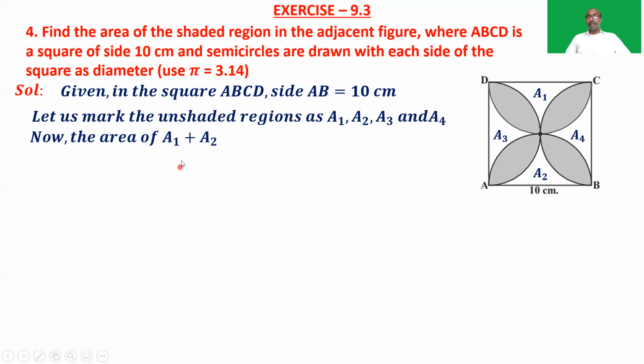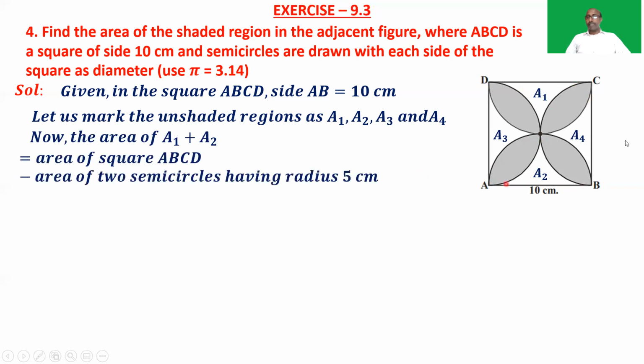So now the area of A1 plus A2 is equal to the area of square ABCD minus the area of two semicircles having radius 5 centimeters. As the diameter of the semicircle is 10 centimeters, its radius is 5 centimeters.